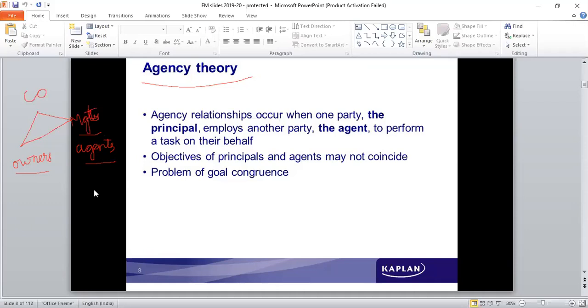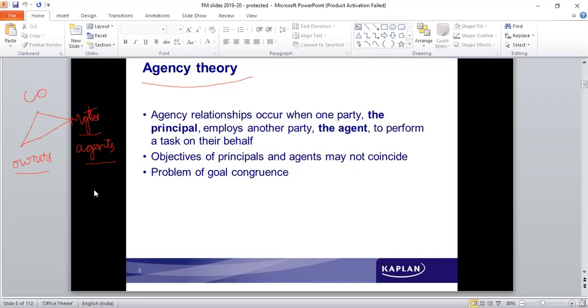If that is not the case, then there will be some disagreement, and it would not be called that they are working towards the same goal. When everybody works towards the achievement of the same goal, everybody understands the goals of the organization in the same sense, everybody works towards the achievement of the same goal. That is called goal congruence. When their objectives do not coincide, then there is a problem of goal congruence.